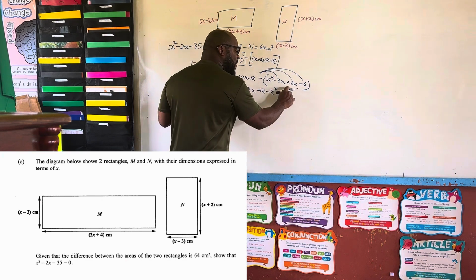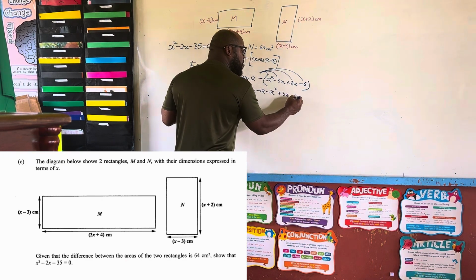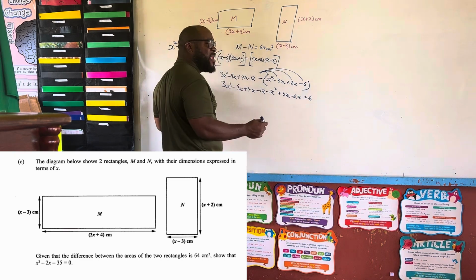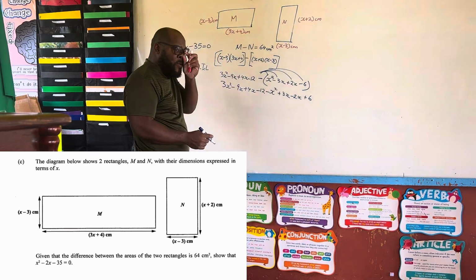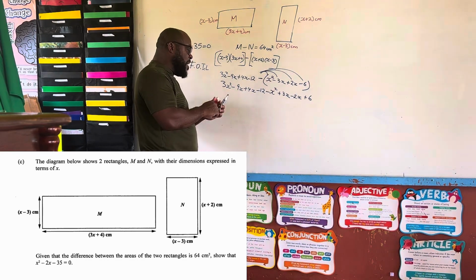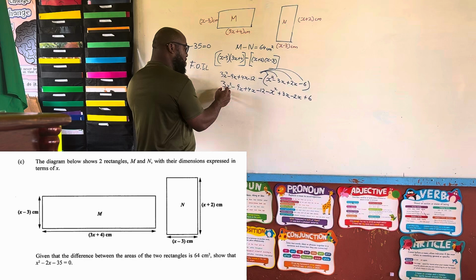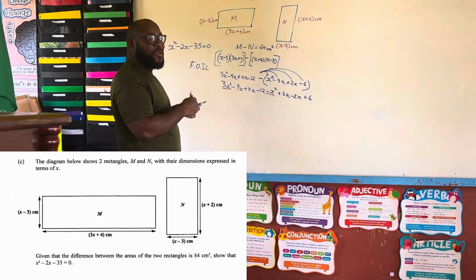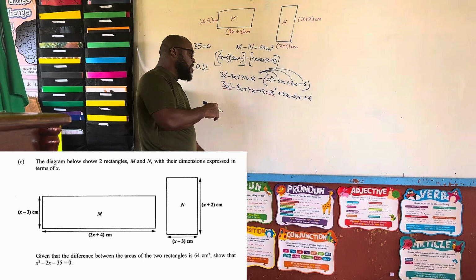So what will be here now? 2x plus 6. Joel, let's go. Joel, you next. Fix those two. Okay, I'm confused now. Let's go. These two.